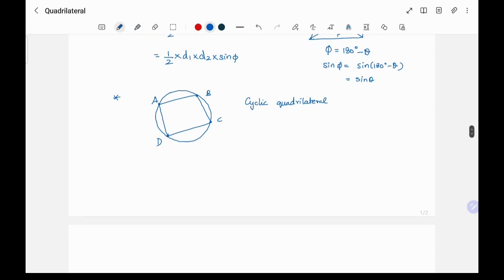Okay, so there is a special property of this. The sum of opposite angles is equal to 180 degrees. So angle A plus angle C is equal to 180 degrees, and angle B plus angle D is equal to 180 degrees. So this is for the cyclic quadrilateral.